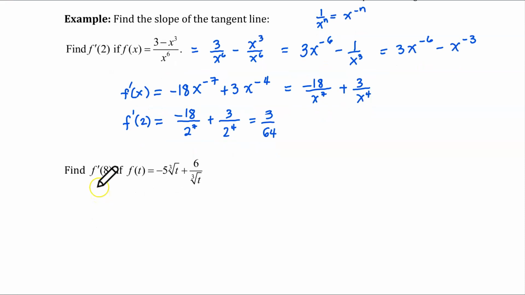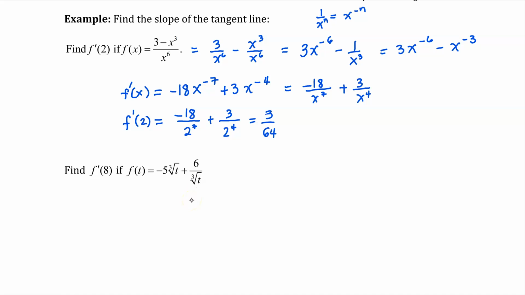Next, we find the slope of the tangent line to the function here at t equals 8. Or, in other words, find the derivative of the function at t equals 8. Now, in order to find the derivative of this function, we need to rewrite this expression first in exponential form.